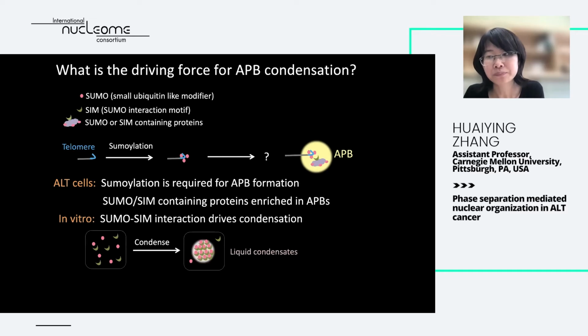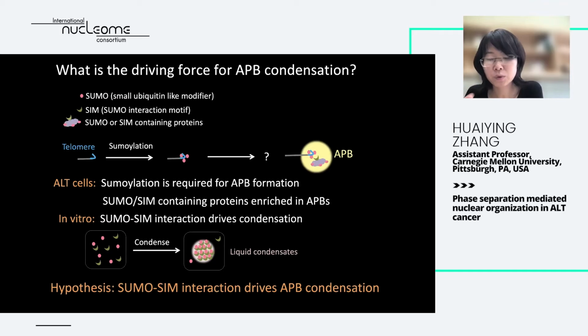In vitro, the Rosen lab has shown that they can interact and drive phase separation to form liquid condensates, meaning that the SUMO-SIM interaction is strong enough to lead to phase separation, but weak enough that they remain liquid. So we think that SUMO interactions may be what's driving the APB condensation.